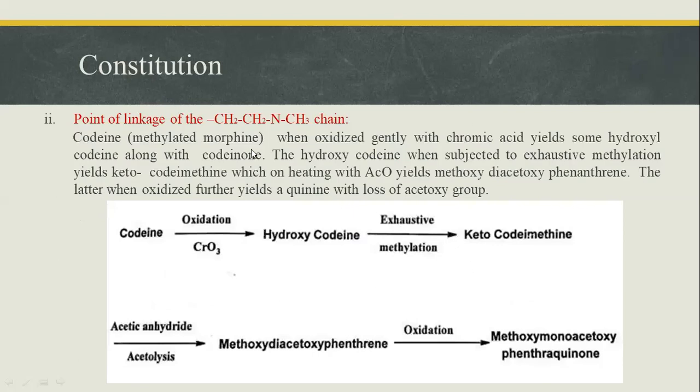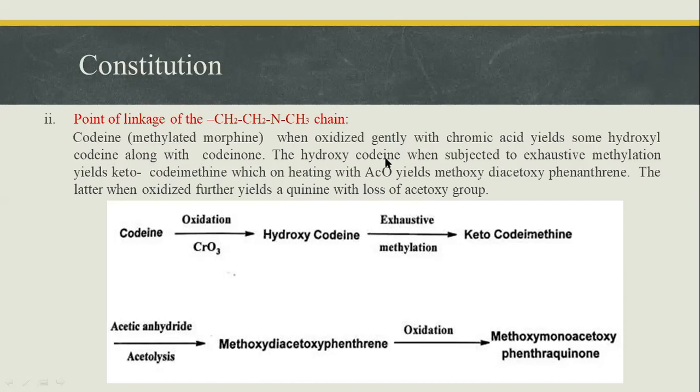So now, how is the nitrogen attached to the carbons attached to the phenanthrene nucleus? So we have to find out the point of linkage of this group to the phenanthrene nucleus. For this, we allow codeine to undergo oxidation with chromic acid, where some hydroxycodeine along with quinone is formed.